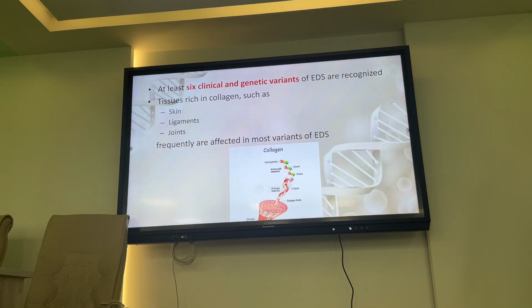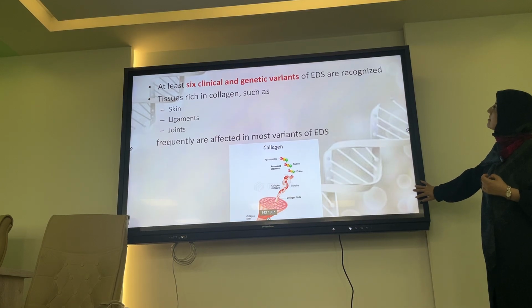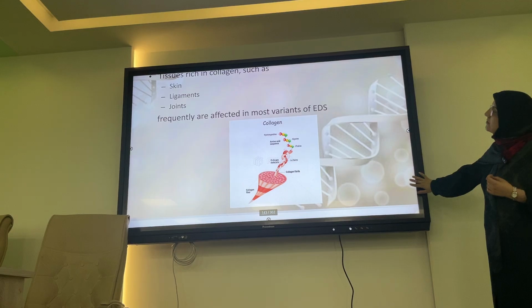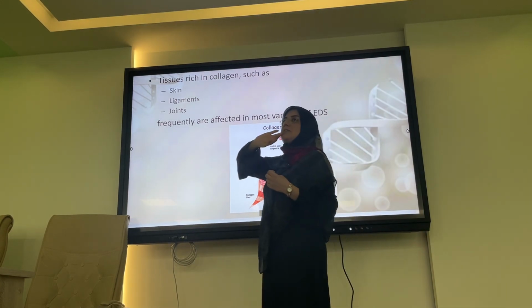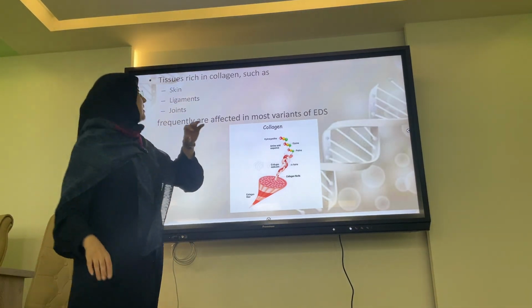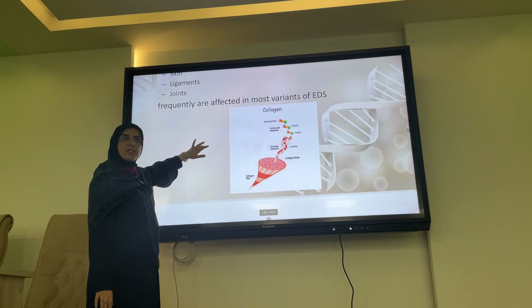There are 6 clinical variants, the main variants of Ehlers-Danlos syndrome. Most of the collagen is located in skin, in ligaments, and in joints.